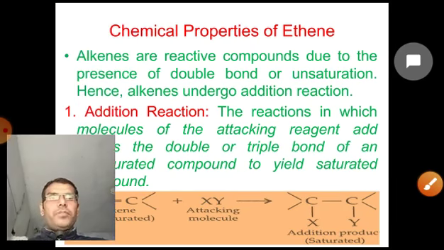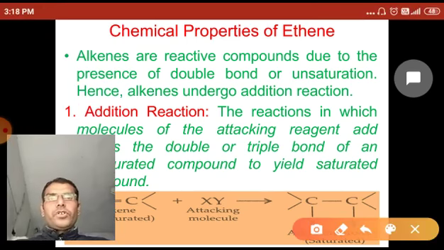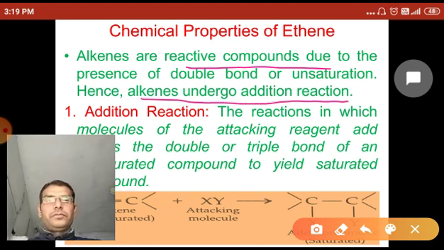Now the chemical properties of ethene. As you know, alkenes are reactive compounds due to the presence of the double bond or unsaturation. Hence, alkenes undergo addition reactions. Now, what is the addition reaction?